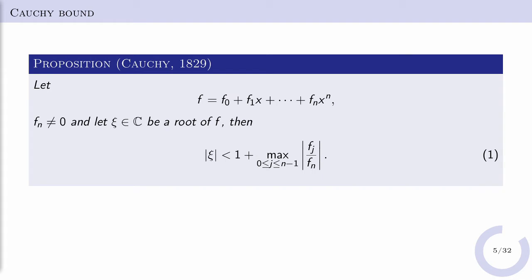Of course, normalization does not change the roots of a polynomial, and it is obvious that any bound for the roots mustn't be influenced by normalization. So this is why we have this fraction here, the coefficients of a normalized polynomial.